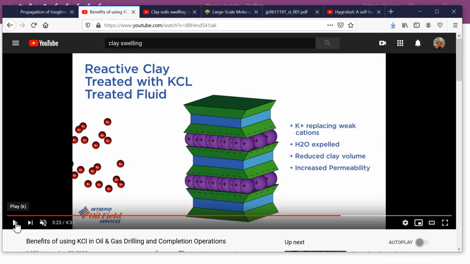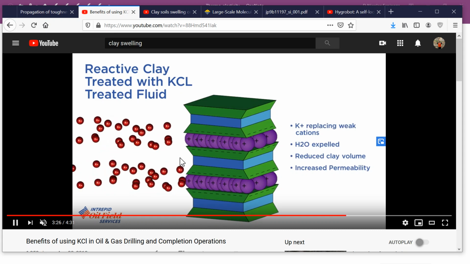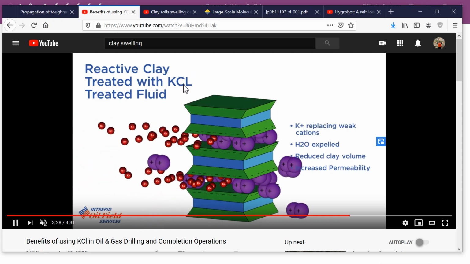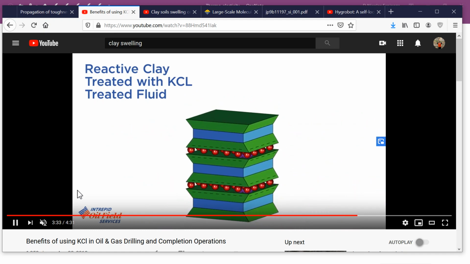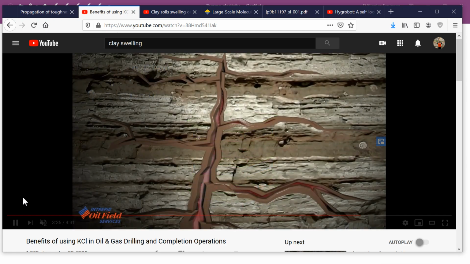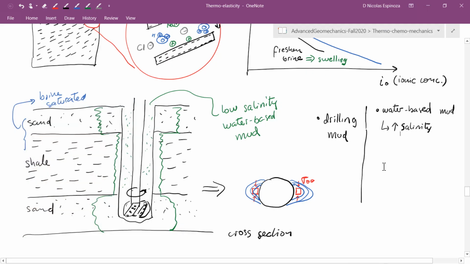For example, a very standard salt to use in drilling fluid is KCl, potassium chloride, that would prevent the swelling. Such salt, if it has a salinity which is equal or higher than the salinity of the resident brine, then it's not going to cause a drilling stability problem.